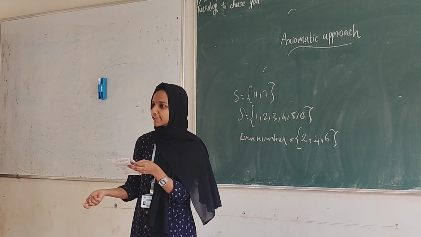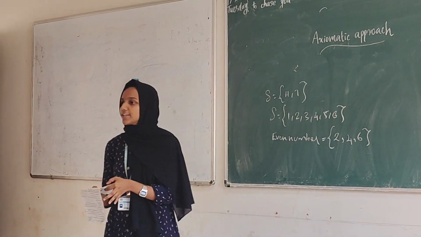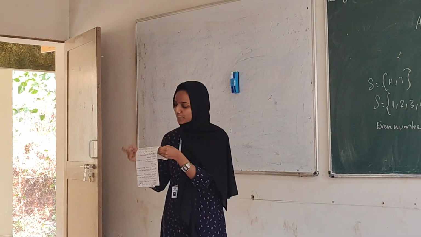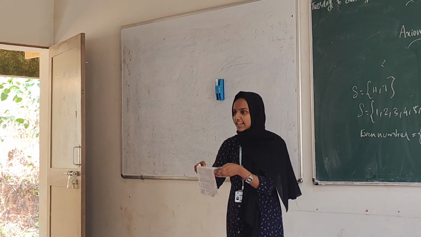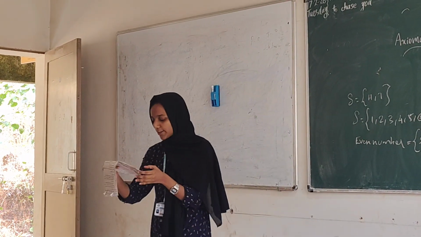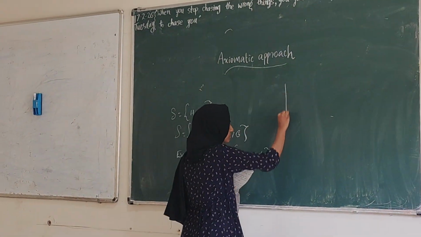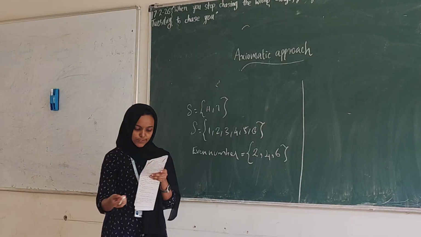Now let's get into the topic, the axiomatic approach. The axiomatic approach is another way of describing the probability of an event, and in this approach some axioms or rules are given to us. There are 3 axioms.